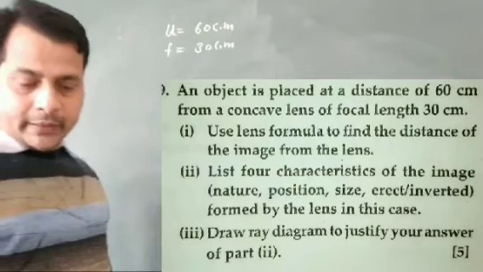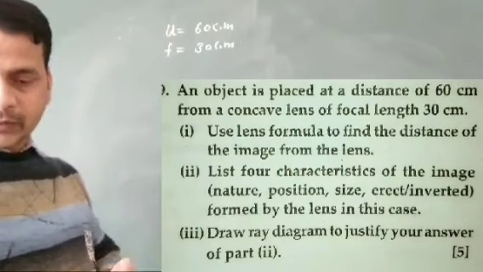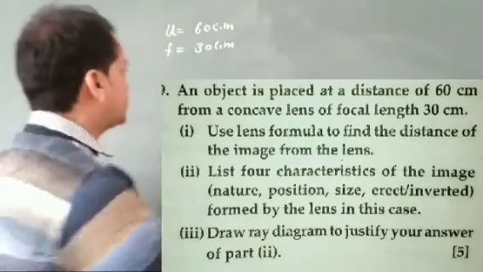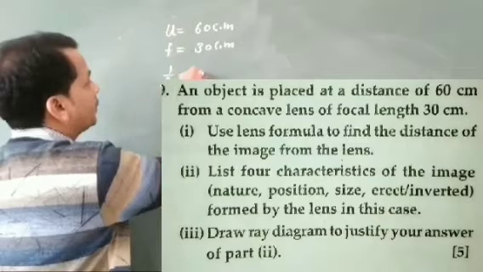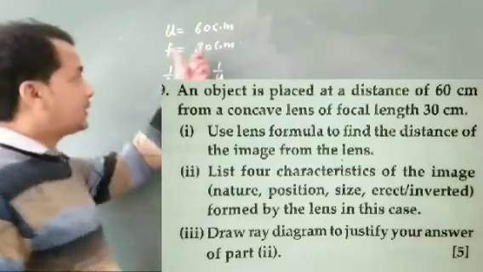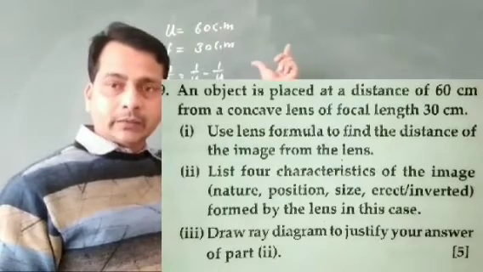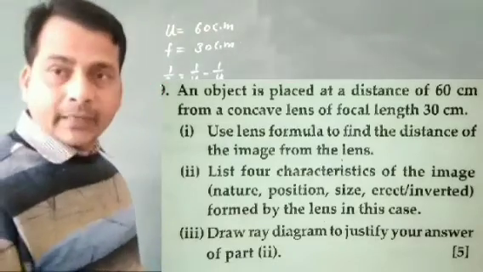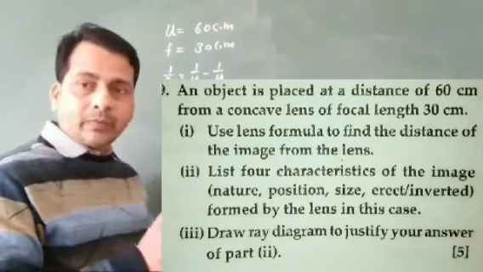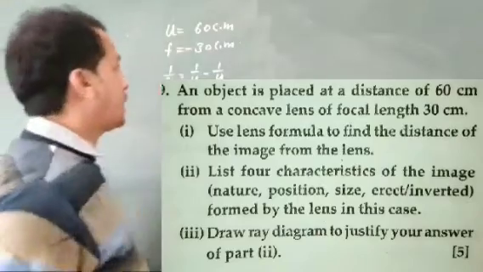The first question: use the lens formula to find the distance of the image from the lens. We know the lens formula is 1 by F equal to 1 by V minus 1 by U. The lens is a concave lens, and the focal length of a concave lens is negative.